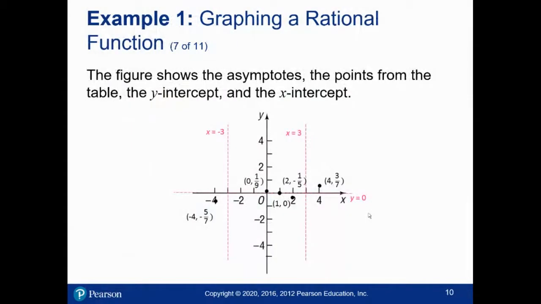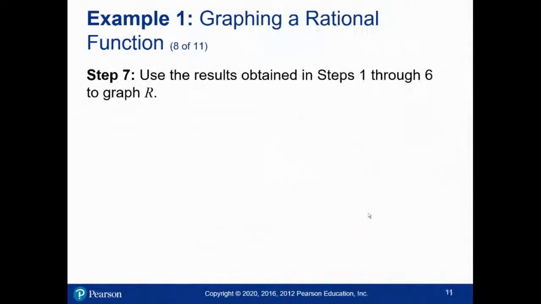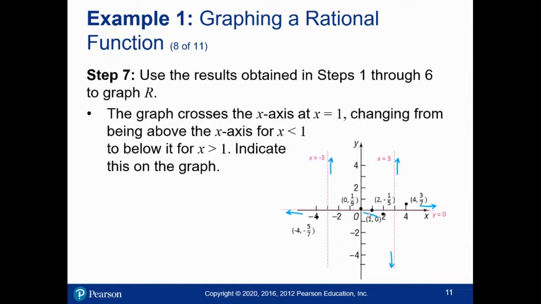And we can combine all of that information. So we have our vertical asymptotes at 3 and -3. We have our horizontal asymptote of y equals 0. Those are the pink lines. And then we can summarize everything. So we know the horizontal asymptote was y equals 0. So the graph has to get very close to y equals 0, which means it could do this or it could do that.